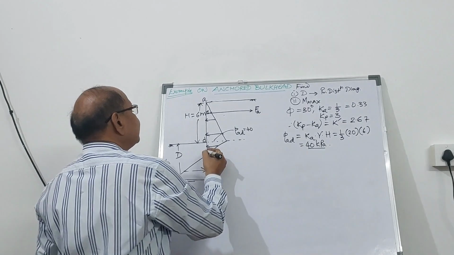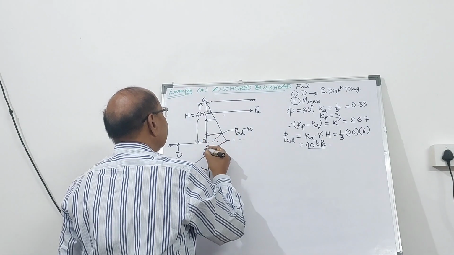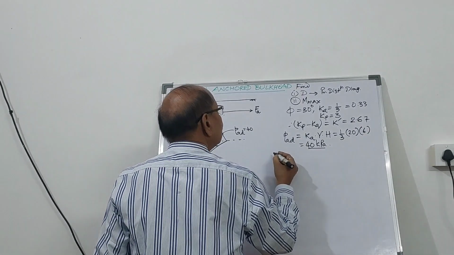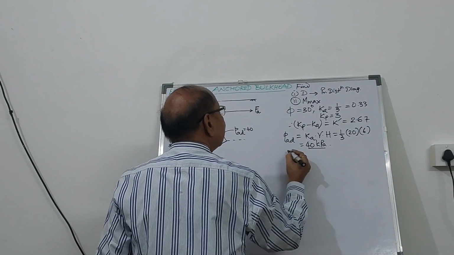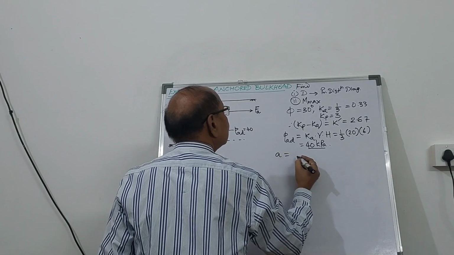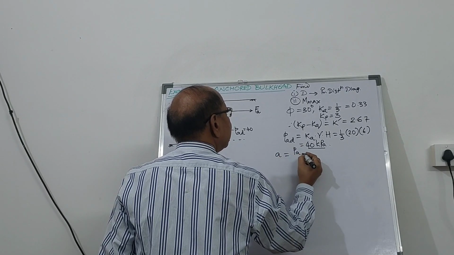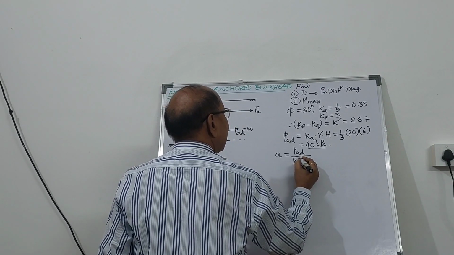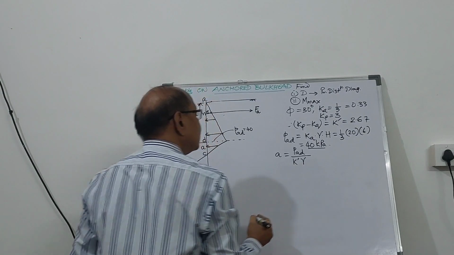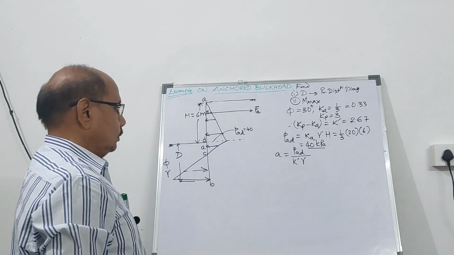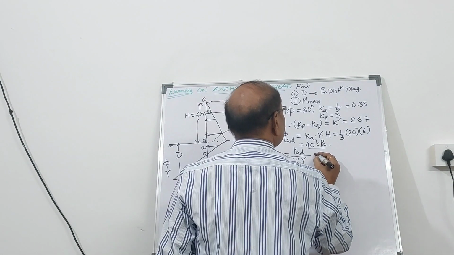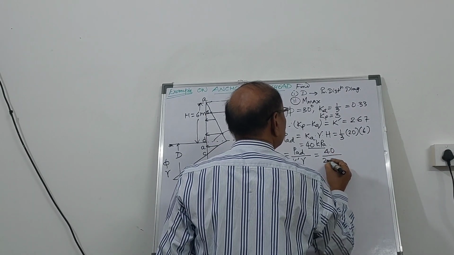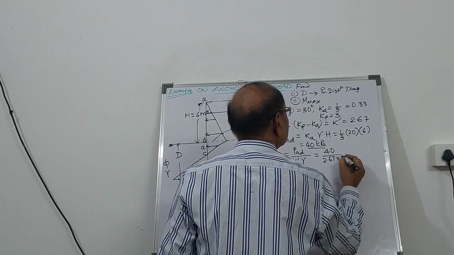Now, let's say the distance between D and C is A. So, A, you can calculate it. So, calculate now. A equal to PAD divided by K prime into gamma. Therefore, this becomes 40 divided by 2.67 into 20.